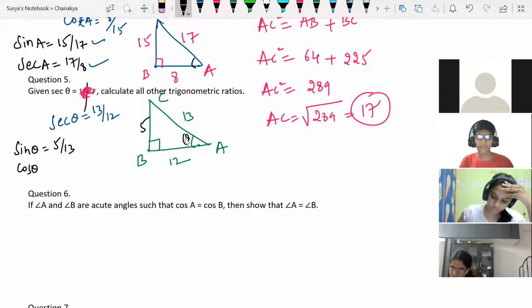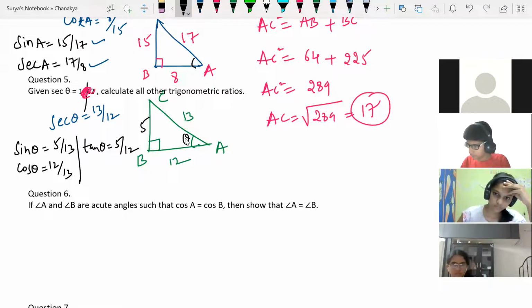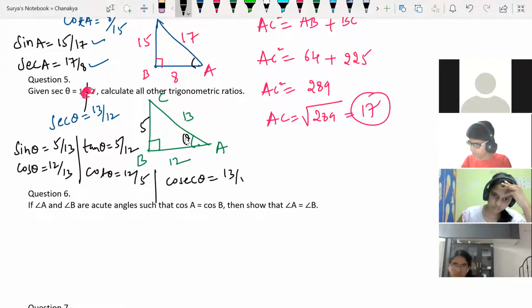What is cos theta? 12 by 13. What is tan theta? 5 by 12. What is cot theta? 12 by 5, reciprocal. What is cosecant theta? 13 by 5. Clear?